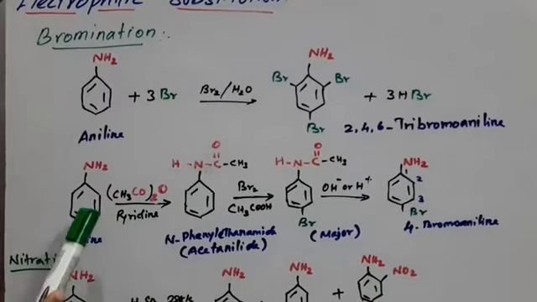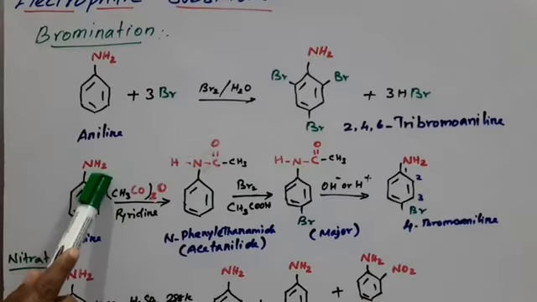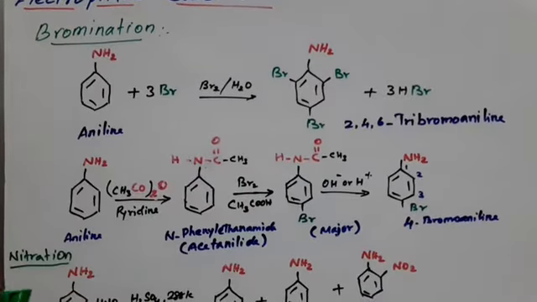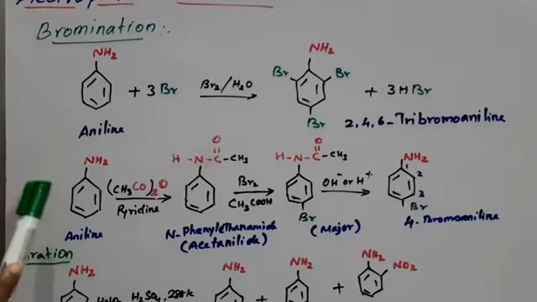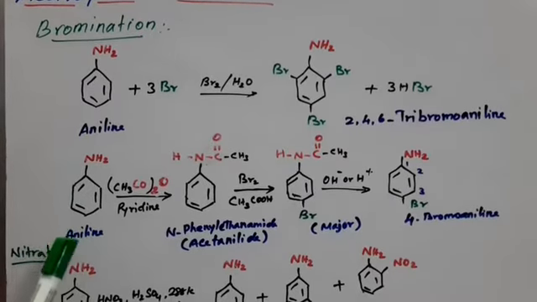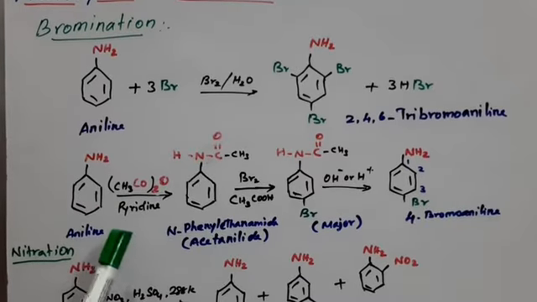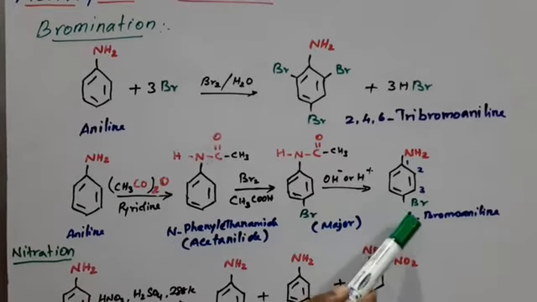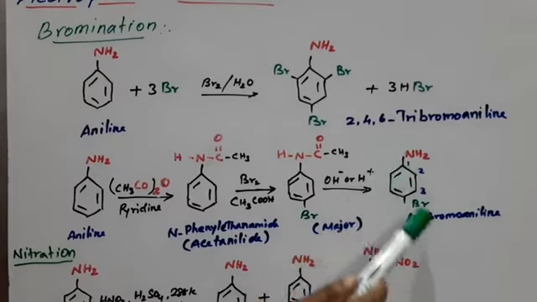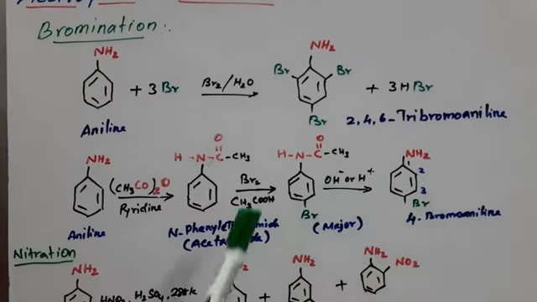How can the activation of the NH2 group be controlled? This is your question. Because aniline is an ortho-para directing group, how can we prepare the mono-substituted aniline product?